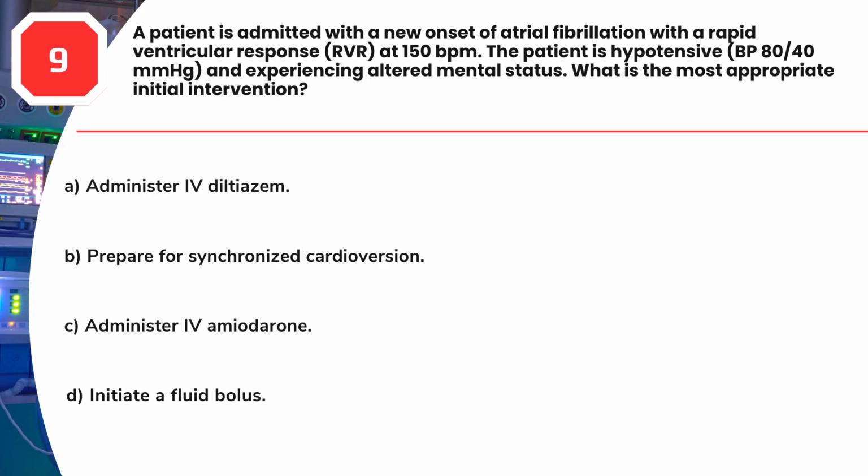Question 9. A patient is admitted with a new onset of atrial fibrillation with a rapid ventricular response, RVR, at 150 bpm. The patient is hypotensive, BP 80/40 mmHg, and experiencing altered mental status. What is the most appropriate initial intervention?